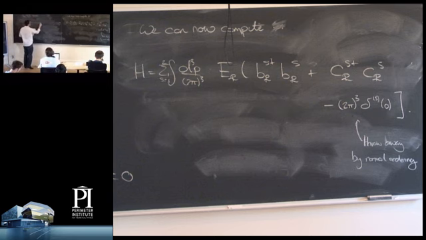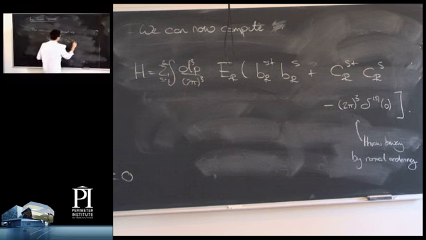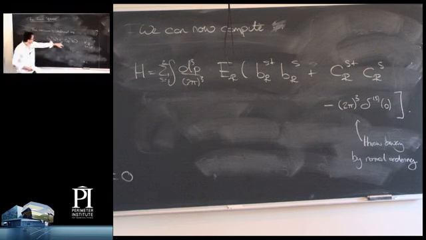The vacuum is defined as the state which is killed by all the annihilation operators. There's an infinite number of annihilation operators now, because they're labeled by three-momentum p, but there are also two types of fermions, which you could think of as spin up and spin down. Questions? So what do those annihilation operators do?